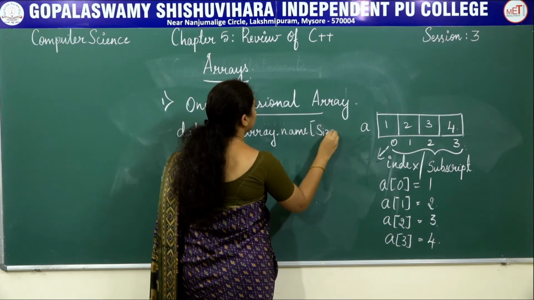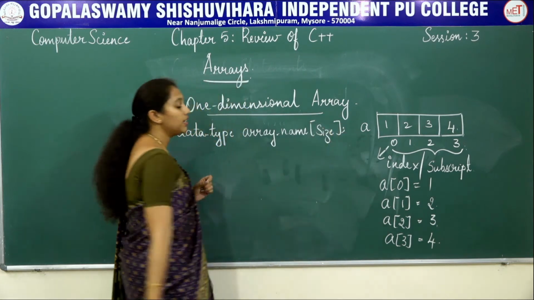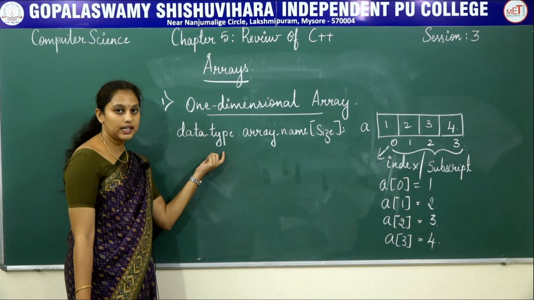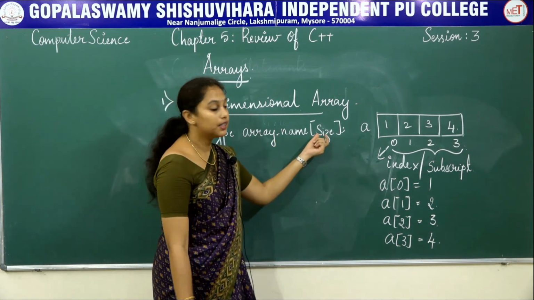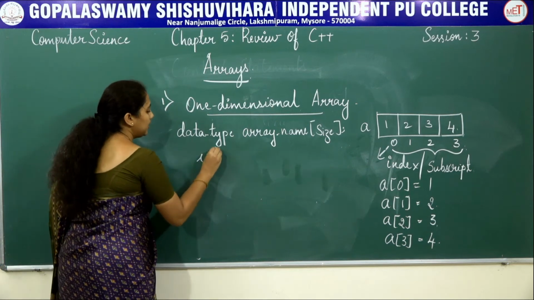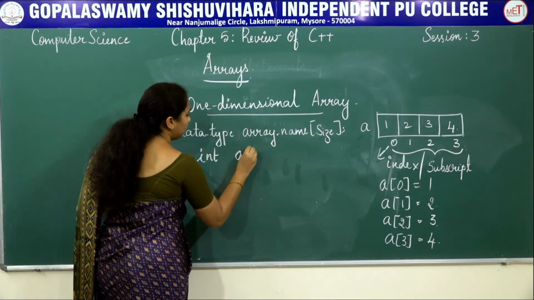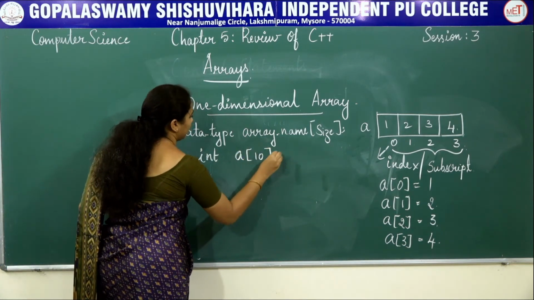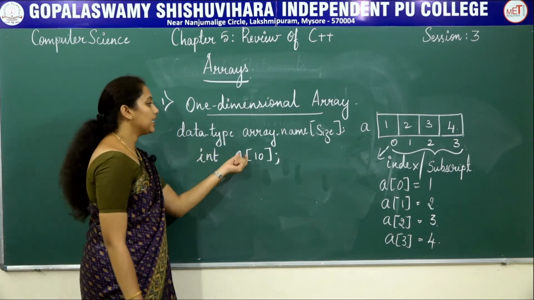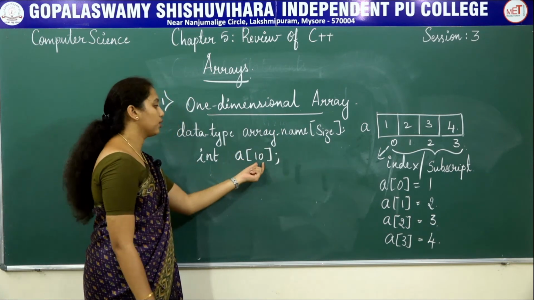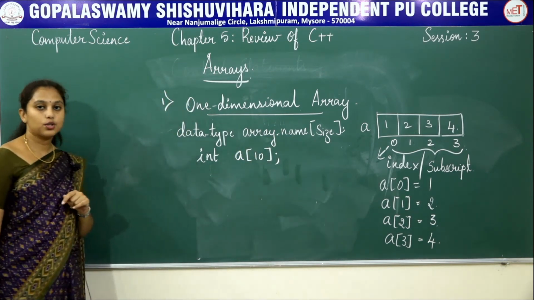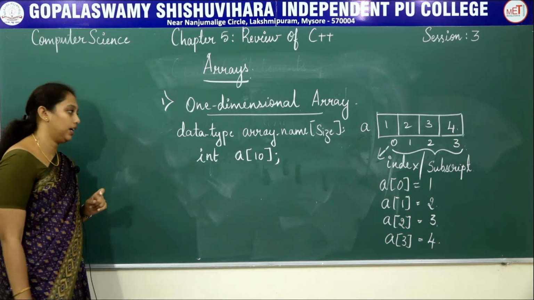First you mention the data type, next the array name, then the size. An example for this is int a of 10. Here int is the data type, a is the array name, and the size of the array is 10.